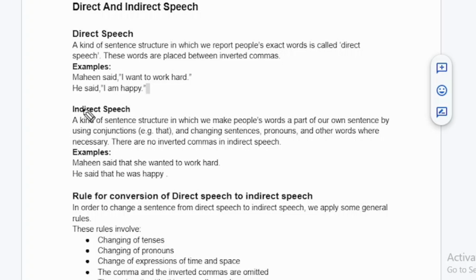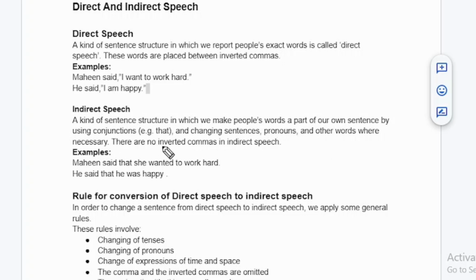Okay, so now we will see indirect speech, a kind of sentence structure in which we make people's words a part of our own sentence by using conjunctions, for example, "that," and changing tenses, pronouns, and other words where necessary.